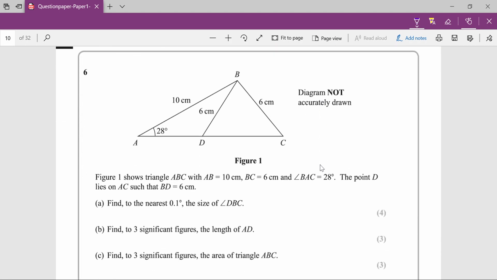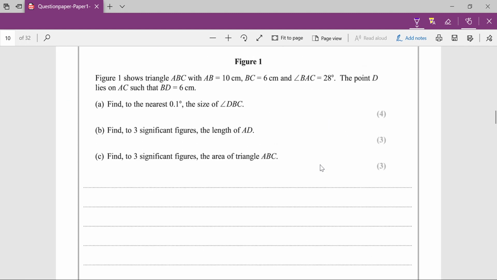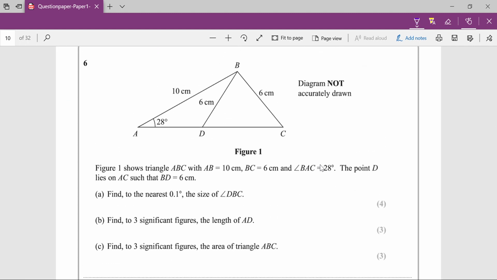Alright, so this one's trigonometry. I will write this down as 37 minutes in. So 37 minutes in, we have a trigonometry question. Question 6, 10 marks, trig. Figure 1 shows triangle ABC, which looks quite flat, with AB is 10, BC is 6, and BAC is 28.